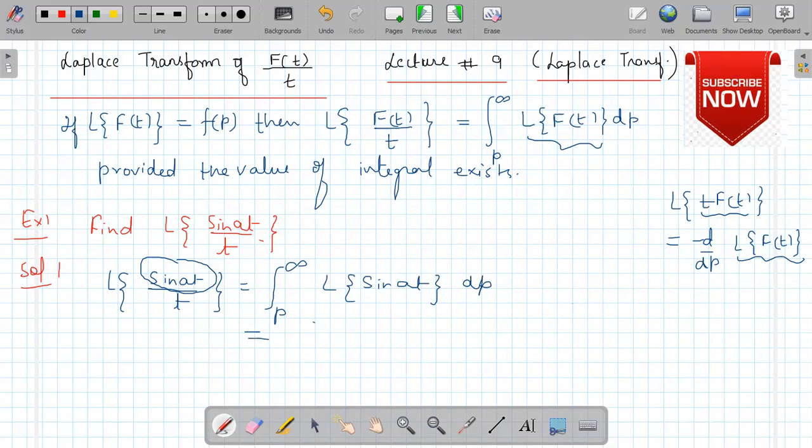So this is equal to integral p to infinity a upon p square plus a square dp. So integration of this is a into 1 upon a tan inverse p upon a.